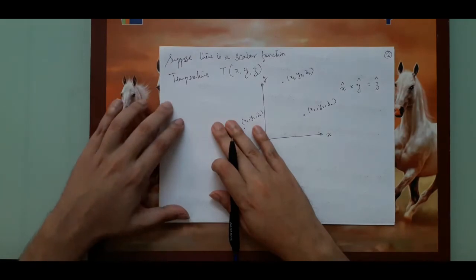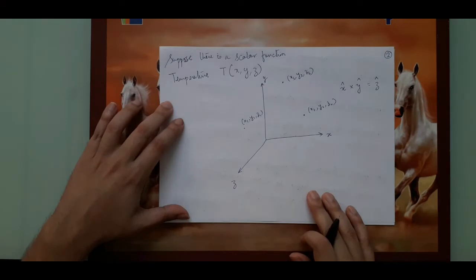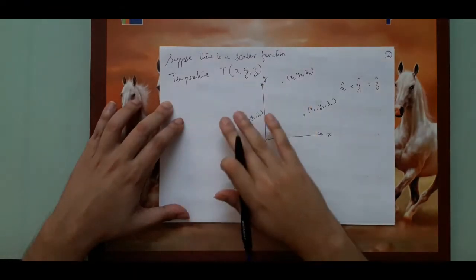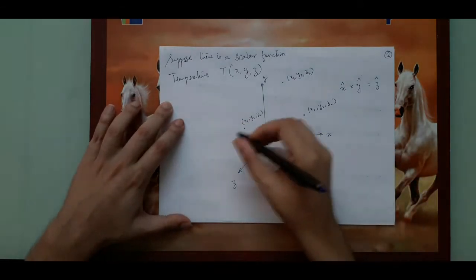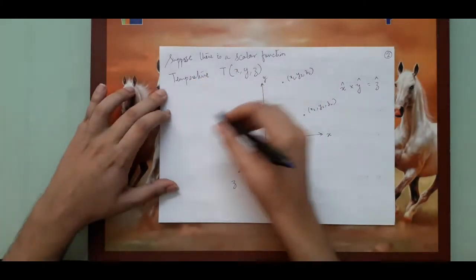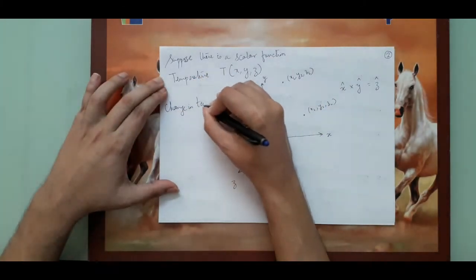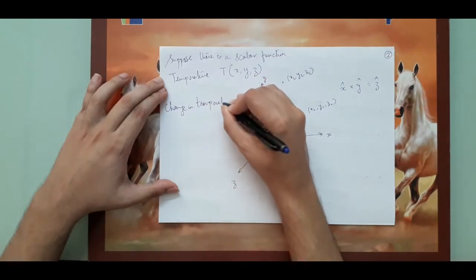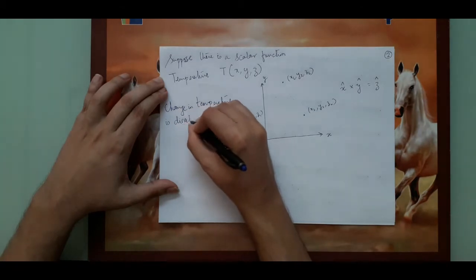So the way the temperature changes as we move in different directions is very important. What we can say is that the change in temperature is direction dependent.